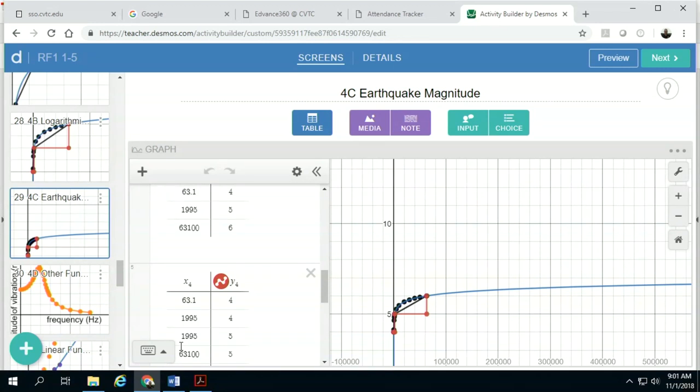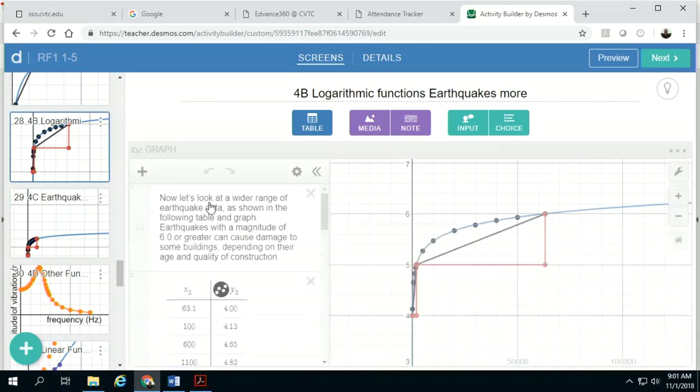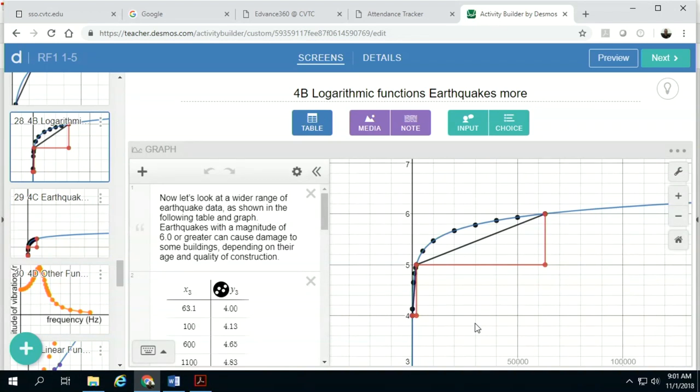Okay, so yesterday we were dealing with logarithmic functions, and I tried to show you when you make the stair height the same. In a logarithmic function, the lower stairs are very narrow. The higher stairs are much bigger.